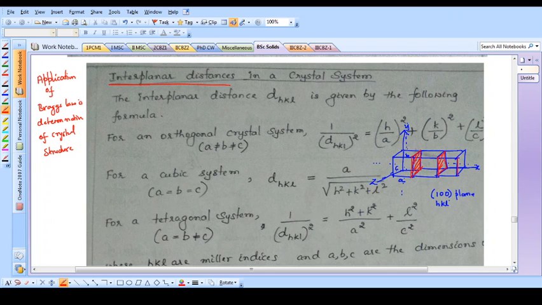This is the 100 plane of the third unit cell. Similarly, this is also 100 plane of the unit cell which exists here. Okay, and so on. Now the question is, what is the distance between two neighboring unit planes? So what is D100?